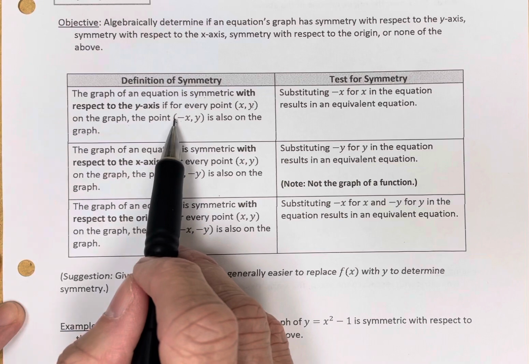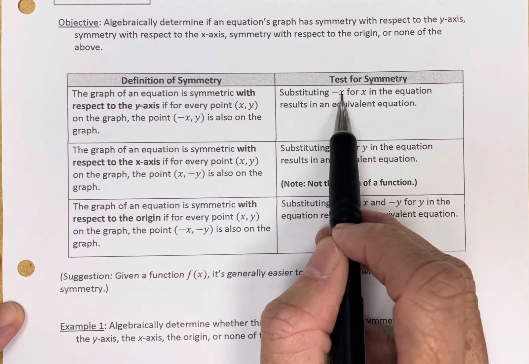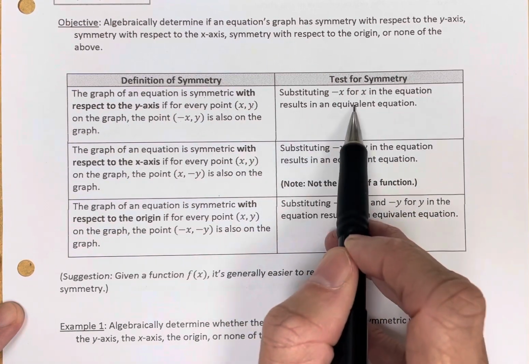How do we test for this symmetry algebraically? We substitute negative x in for x in the equation, and we see if we get the equivalent equation.